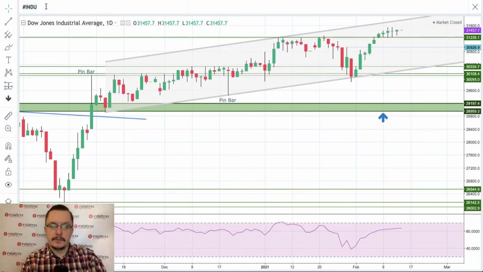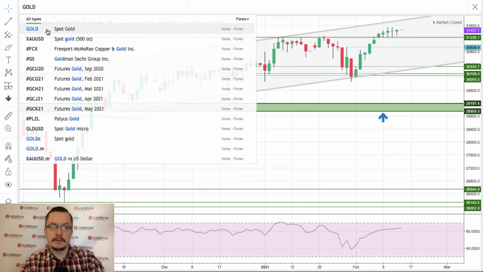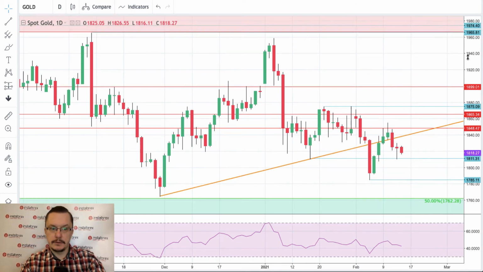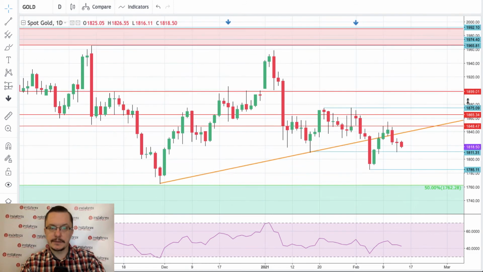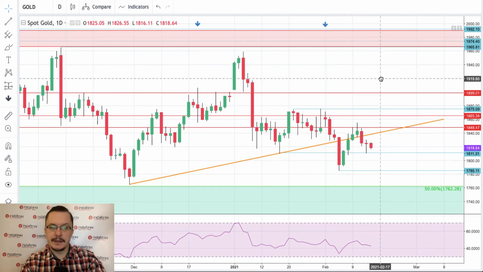So if the US dollar is going down, and if all of the equity markets are going up, what else is supposed to be happening on the precious metal markets? On gold, for example, we should see some sort of a rally, right? Because people are buying gold and selling the US dollar, but nothing like this is happening.